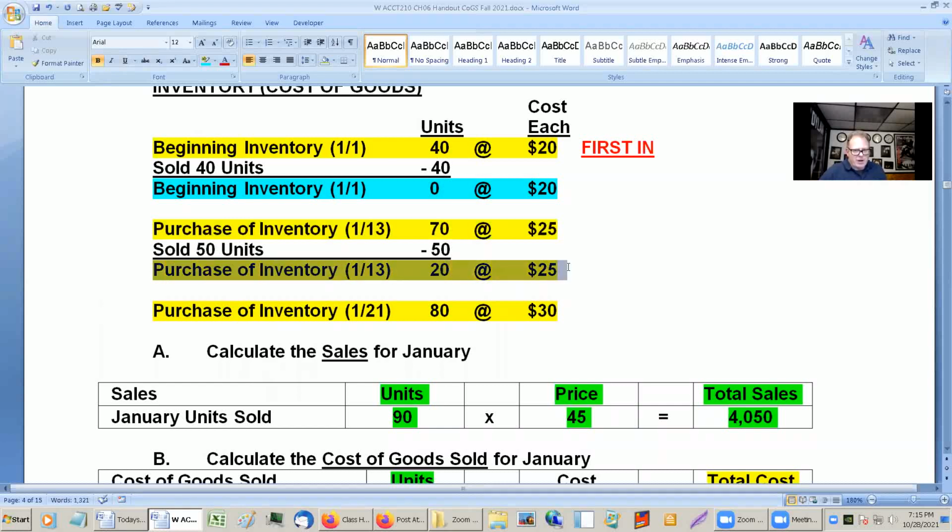So our ending inventories here are these blue ones. Turquoise, what we're gonna call it. Now notice this first one is gone, so it really doesn't matter, right? I mean, it's gone. So this is the ending inventory. We have 20 still left in this layer, and 80 in the last one. 121.